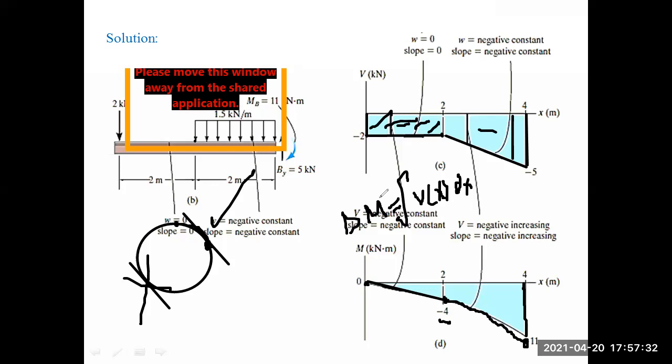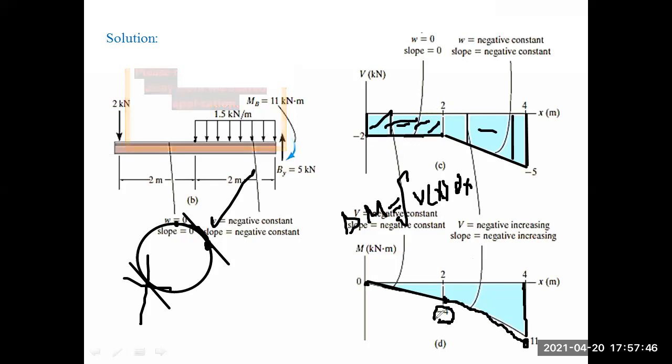Yes, it's 0. So that means delta M would represent the second value, which we get by taking the area of this shape, which is 2 times 2. 2 times 2 means 4. Okay, we know it's -4.